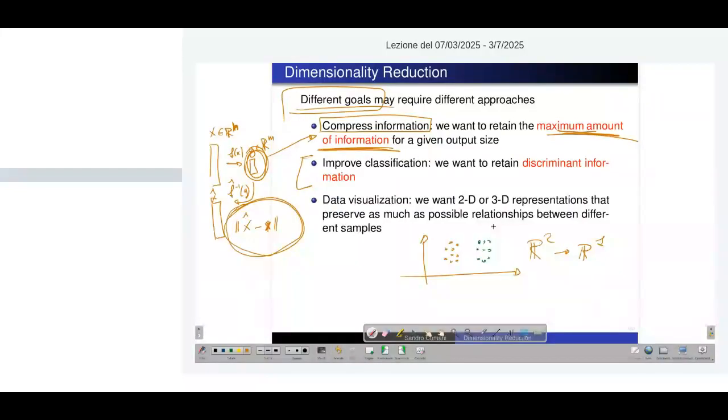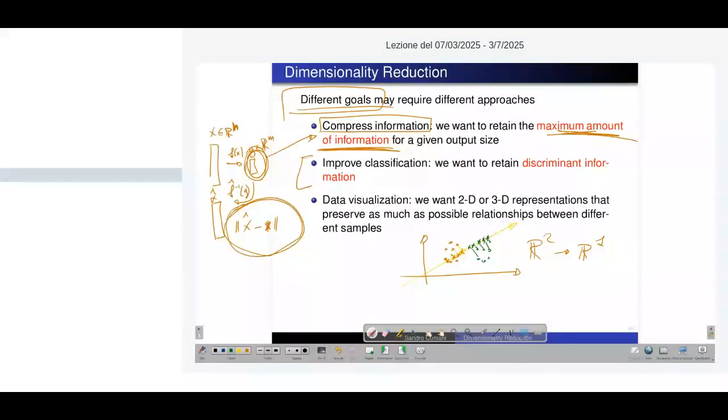A way to do that is to project this data over a direction. If we project the data over a direction, then each sample can be represented by the coordinate of the corresponding projection on the projection line. So we map these samples to these positions. We map the green samples to these other positions.